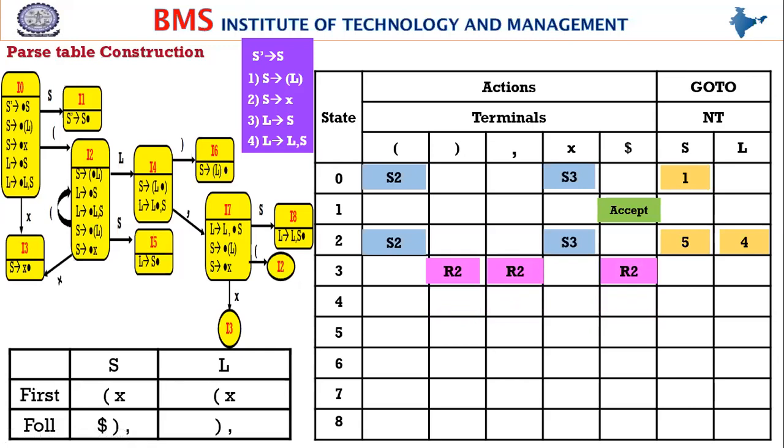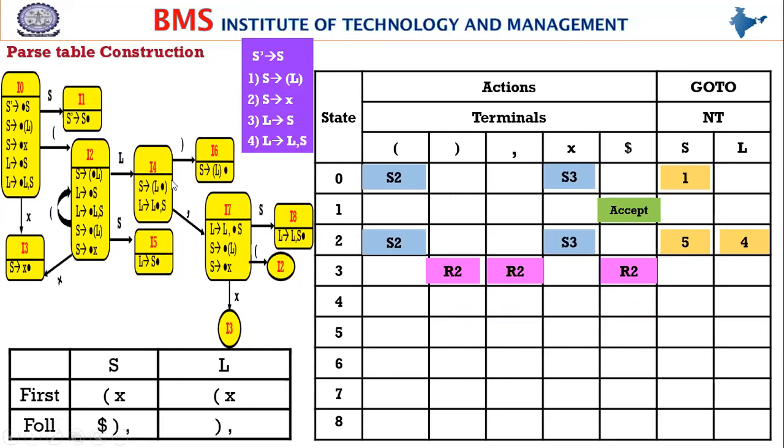What is this R2? We are not going to state 2, but it is a reduce action based on the grammar rule number 2. So we gave the numbering for this reason only, so as to write it into the parse table. So on closing parenthesis, comma and dollar, we are reducing based on the second production, that is S produces X. So all the reduce actions will be done this way.